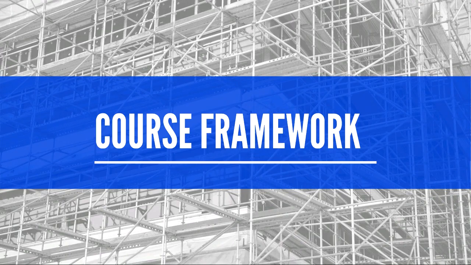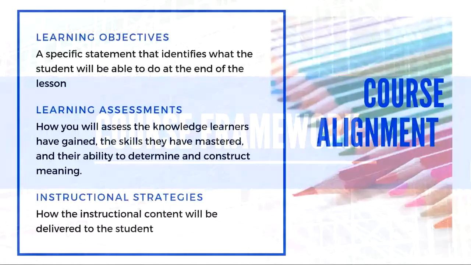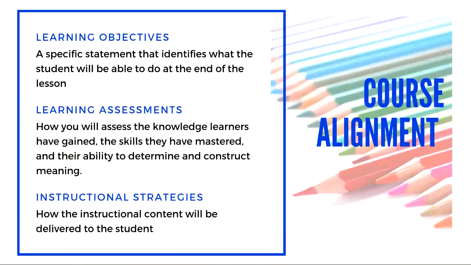One of the biggest parts of your framework is course alignment. So if you've been through the EIDL course, you know all about course alignments because we teach this. A lot of that course is really centered around alignment. And this is where all of your learning objectives and your learning assessments and your instructional strategies show that they are all aligned with one another.